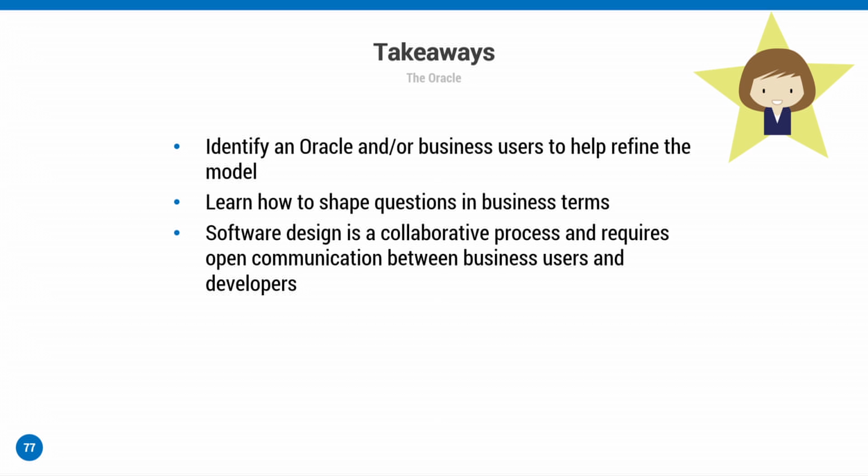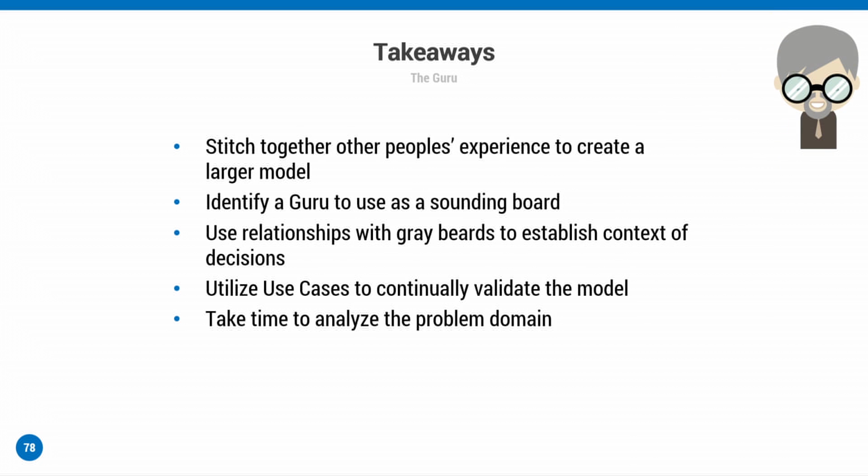Software is really a collaborative process. Especially at large scale, it requires open communication between all of the stakeholders. Look around the people that you're developing with. Look for the ones that maybe have a lot of years experience at the client or at the place that you're working. Because software is like a soil core sample. You can see where there are environmental changes.